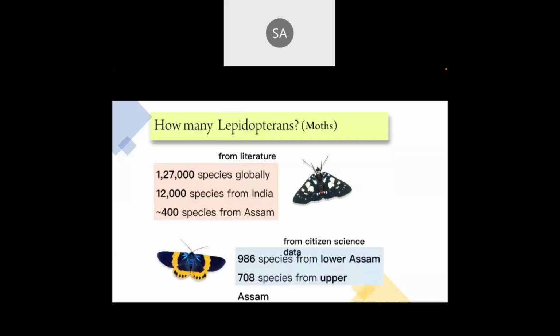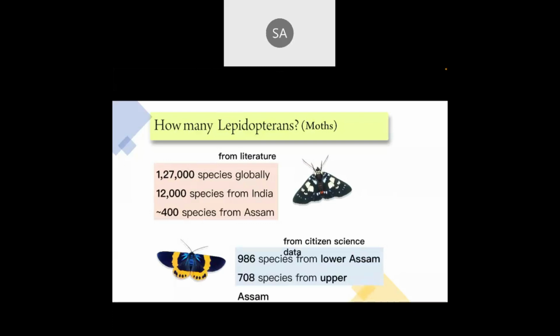So from citizen science data, citizen science, as Rajiv Taryang sir has told, is an important component of observing wildlife or other natural history and uploading into a database so that it becomes accessible to everyone. So we have around 1,000 species from Lower Assam and more than 700 species from Upper Assam.